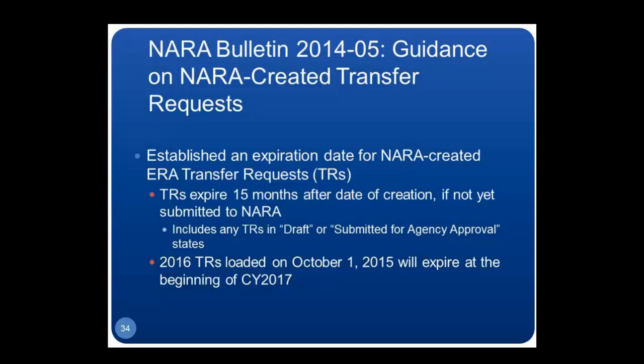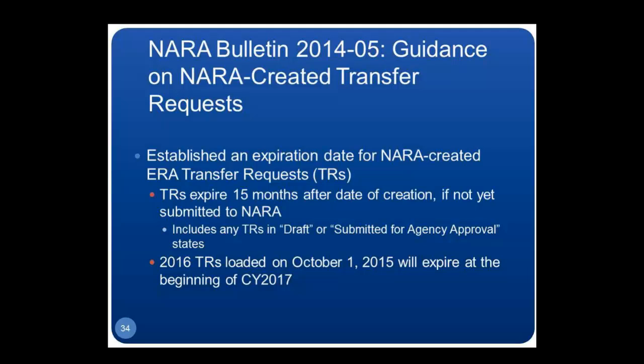So that when you're doing your processing and looking at your workflow for current materials, you will not have to contend with expired, outdated transfer requests, which probably contain material that is also outdated. The older a transfer request becomes, the less likely it is that the data, the information on it, is still accurate.